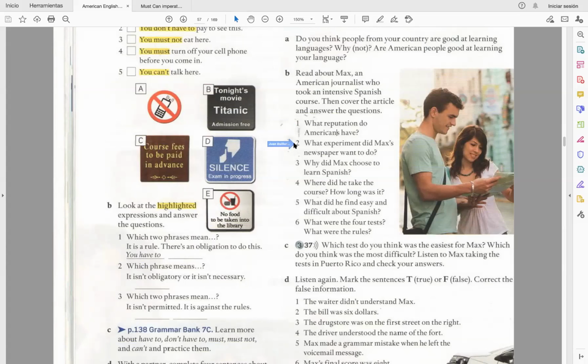Perfect, very good. Nicole, what about number 2? He tried to learn a new language for a week, 1 month. Okay, so what was the experiment? He tried to learn a new language in 1 month? Yes. Okay.